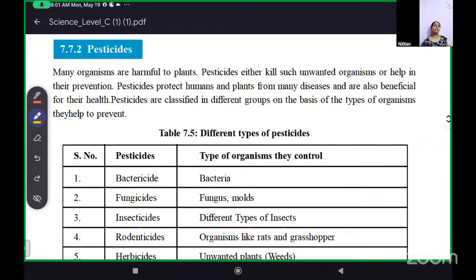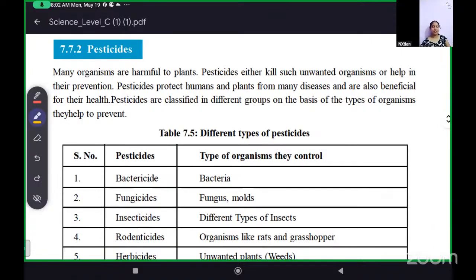Then similarly, there is another thing known as pesticides. What is a pesticide? It can be in powder form, it can be in liquid form. Pesticides are a chemical or a substance that helps in killing the pests and weeds in the crops, if there are any insects or any weeds in the crops.